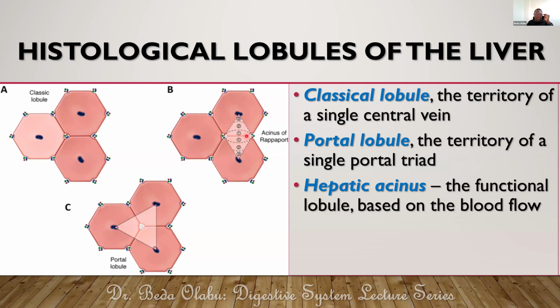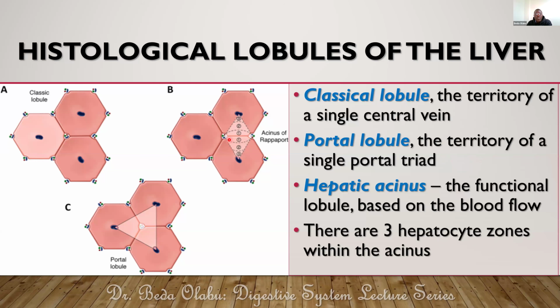Why do we say so? Let's look at how blood flows through the diamond. From the portal triad, we can consider the portal vein, for example. From the portal vein, blood will flow that way. Of course, it will also flow that way and that way.